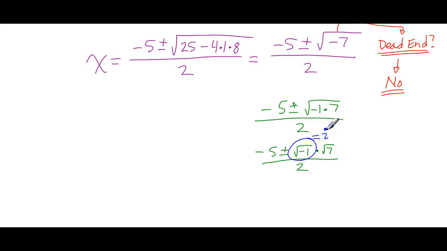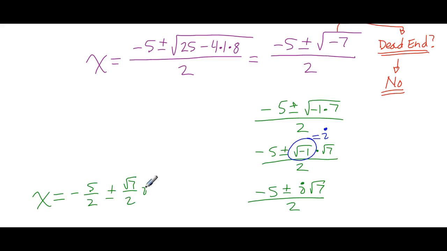That's, or i squared, square root of negative 1 is i. So we've got negative 5 plus or minus i times the square root of 7 over 2. That's not quite in the right form. Remember, I just mentioned this, quote, standard form thing, so you have to break that up into two fractions. One fraction looks like that, and the other fraction is square root of 7 over 2, i.